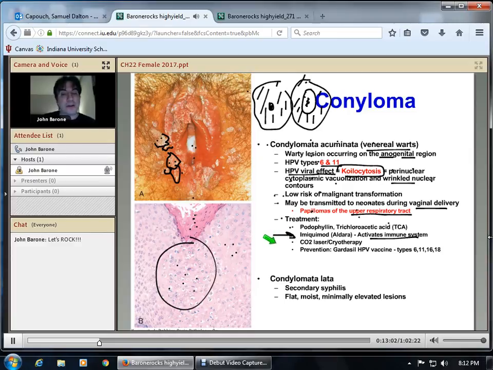Now, another way you can get rid of them is you can laser them or cryotherapy, freeze them. Now, I thought it was interesting, because when I was at OBGYN, this guy was doing so many lasers. He was making bank, just zapping these things. And I walked by the room and I was like, oh, the smell of burn, nasty.